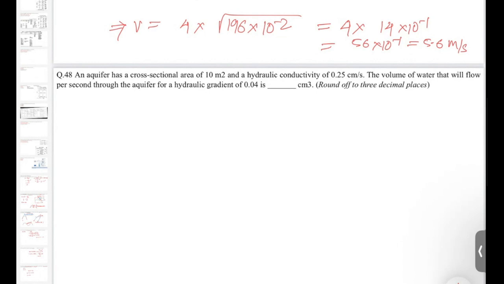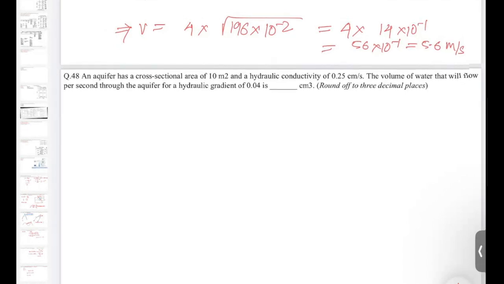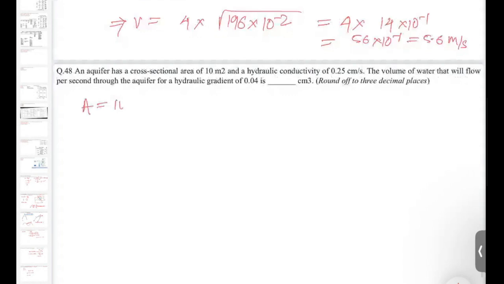If you see what is given, the area is 10 meter square, and the hydraulic conductivity is 0.25 centimeter per second.